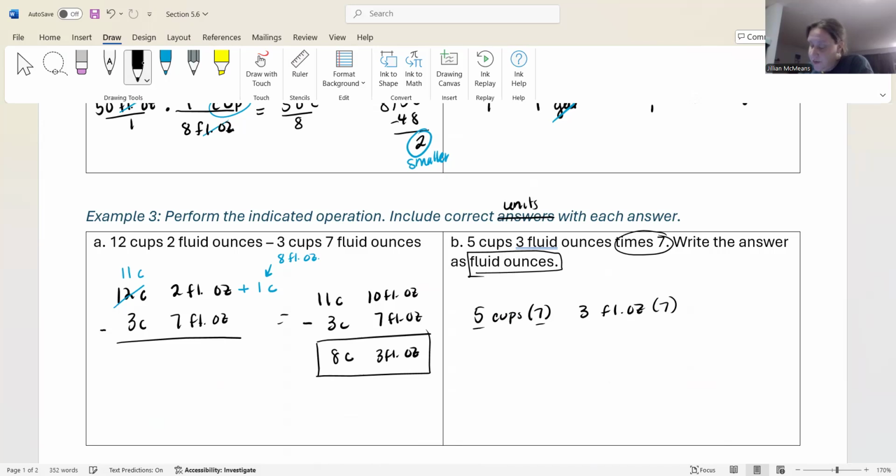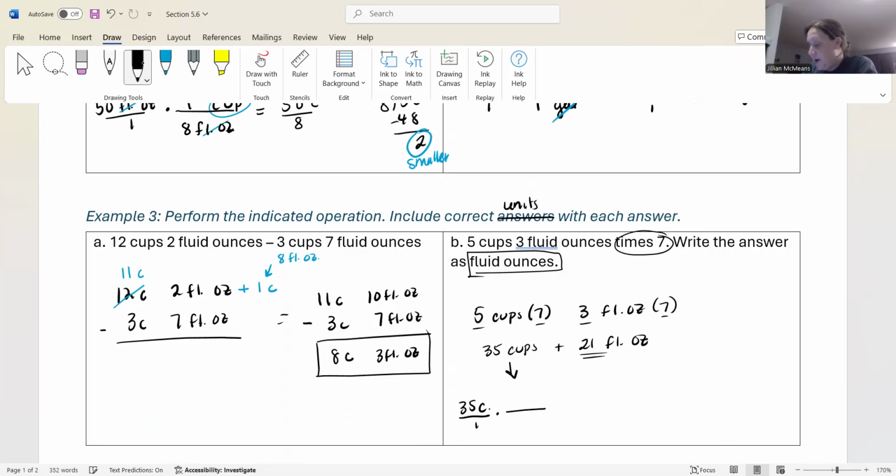So 5 times 7 gives me 35 cups. 3 times 7 gives me 21 fluid ounces. And the question told us to write the final answer as fluid ounces. So I need to convert 35 cups to just fluid ounces and then add that to the 21 fluid ounces that we already have. So I've got 35 cups.